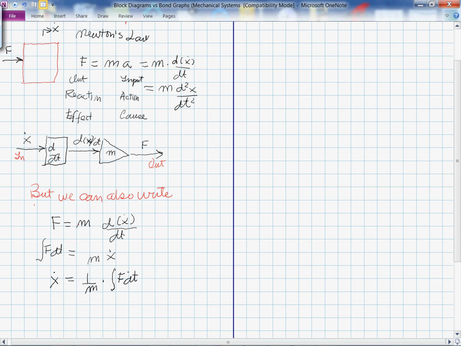So it's very obvious that what I had up here is the derivative form, and what I have on the bottom is the integral form. So I am going to write it down. This is going to be my derivative form.